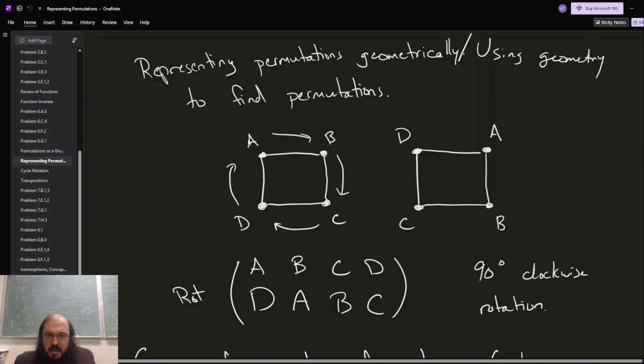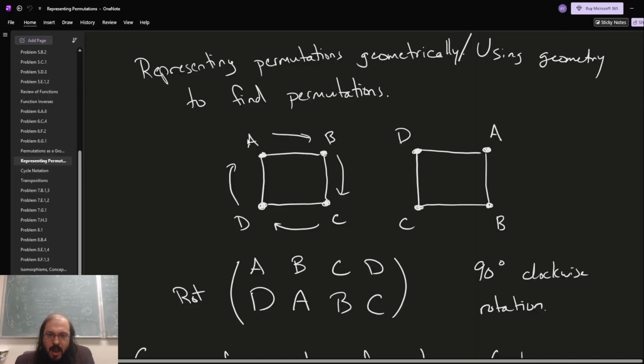What you see is a square here with vertices A, B, C, and D. I can think about rotations of this square, which are permutations of the 4 vertices A, B, C, and D. If I rotate everything 90 degrees clockwise, each vertex is shuffled along 1 step. So we can think of this as a permutation, but also as a rigid motion of geometry.